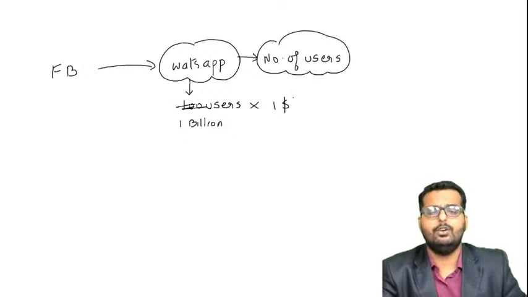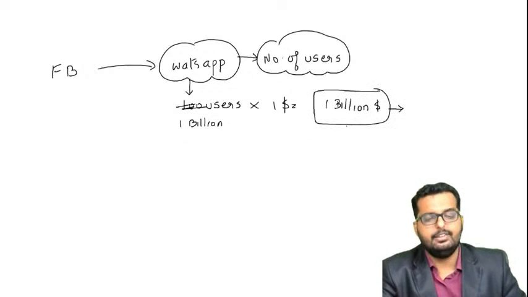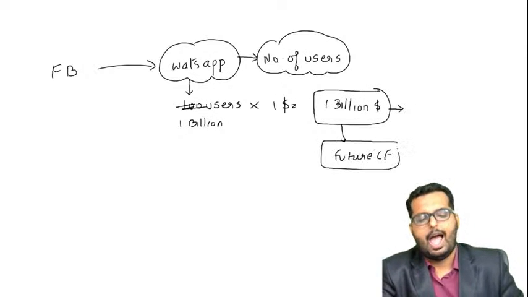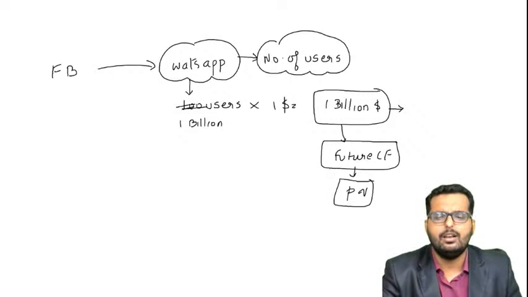If each user is giving $1, how much money will Facebook make every year? $1 billion. Keeping this equation, they found out the future cash flows of WhatsApp. And then what they did, they took the present value. That is how Facebook actually purchased WhatsApp. And that is how all the deals actually happen.